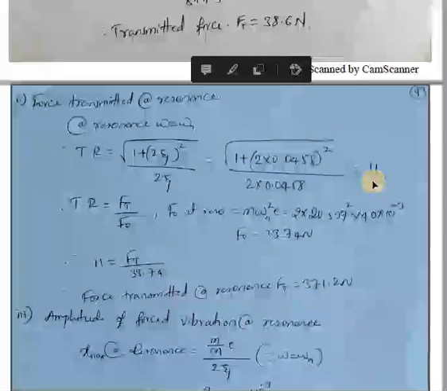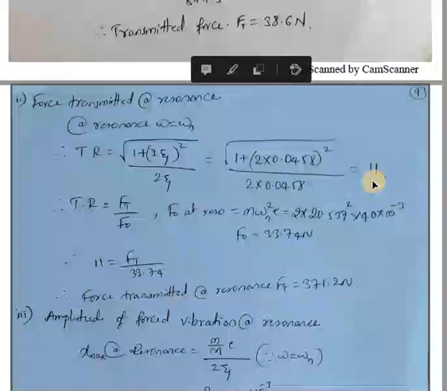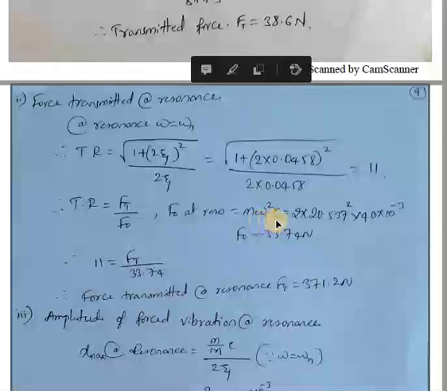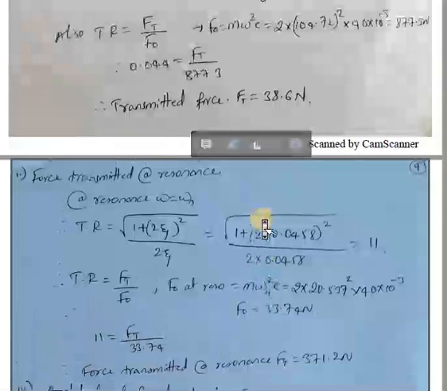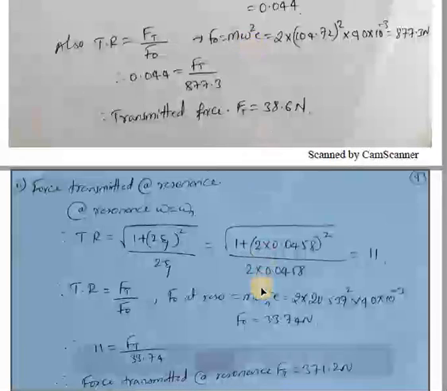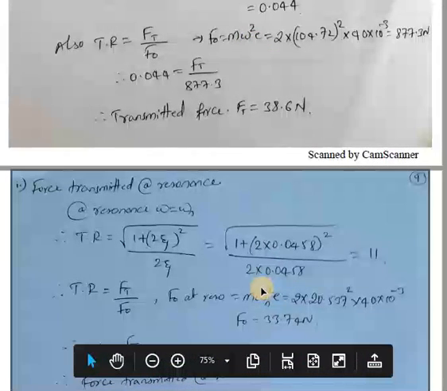So when the transmissibility ratio is 11, what will be the force transmitted to the ground? That you have to calculate using this formula. Again, F naught is m into omega n square into e. Here, since you are calculating at resonance, in place of omega you have to use omega n. That is the difference you have to remember. In the previous part you used omega square, here it is omega n square, because we are calculating at resonance.